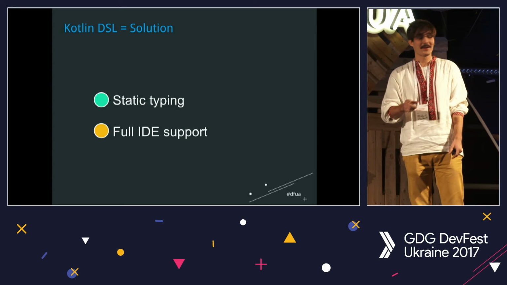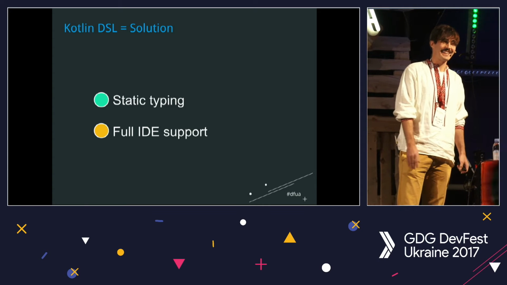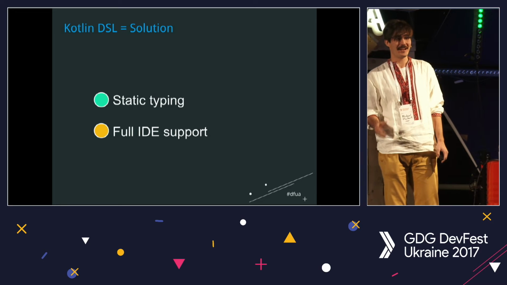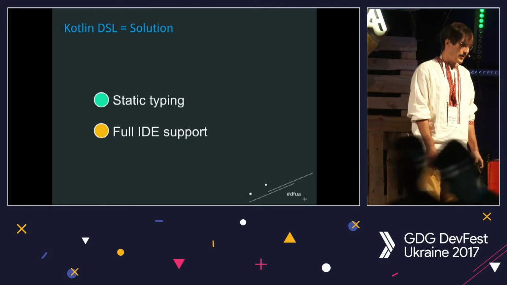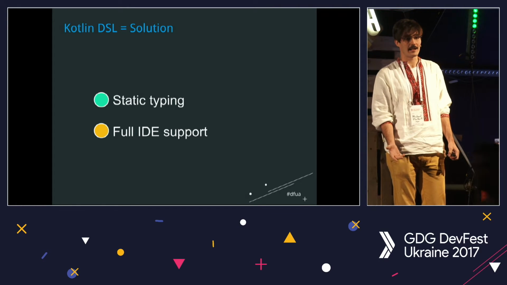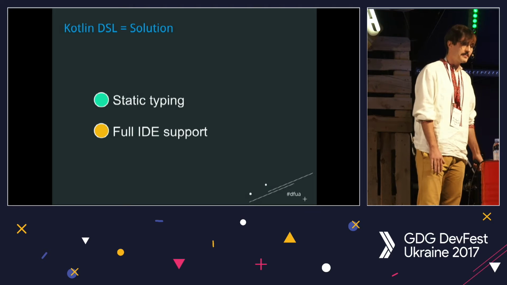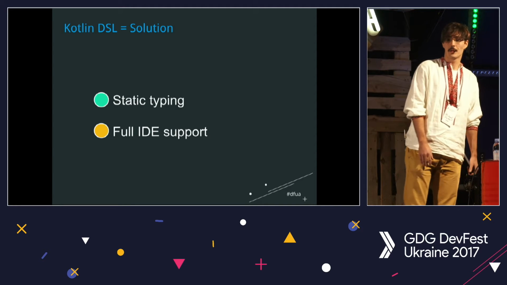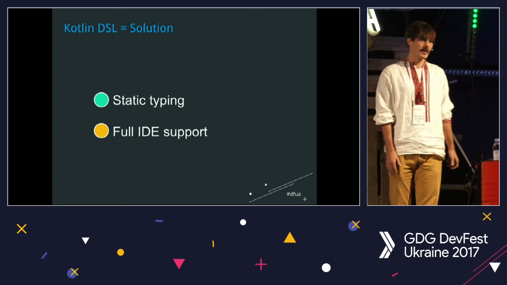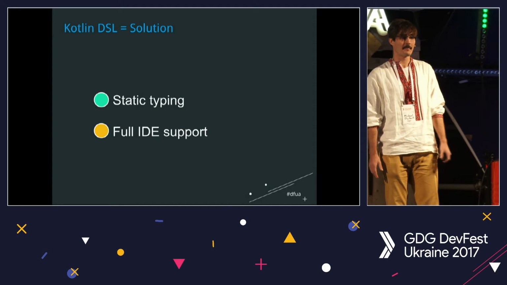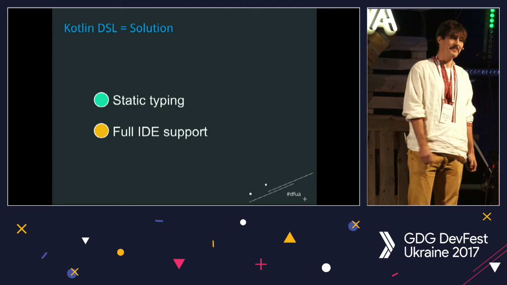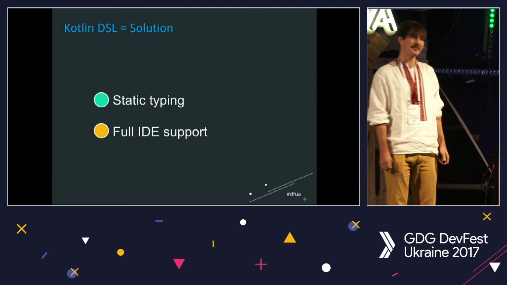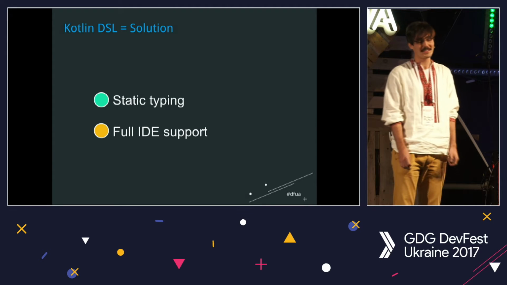No, because Kotlin is a relatively new JVM language that uses static typing and has great IDE support. Because by coincidence, the creators of Kotlin work in the same company as the developers of maybe the most advanced Java IDE, IntelliJ IDEA.